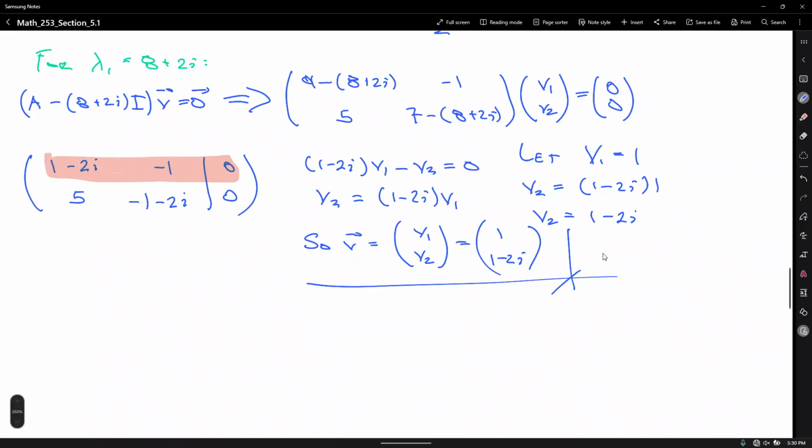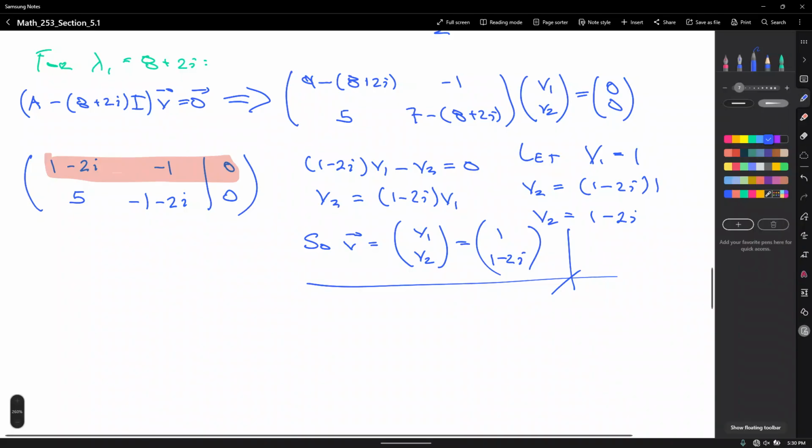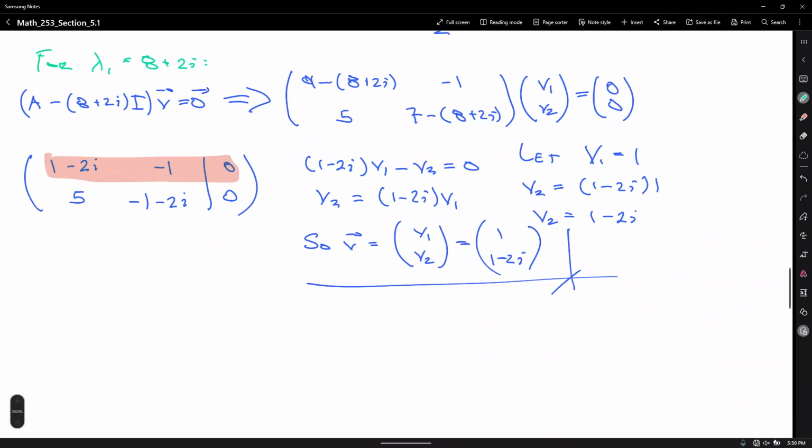You'll see. Okay, so we have the eigenvector for lambda 1 equals 8 plus 2i. How about we do the one for lambda 2, which is 8 minus 2i, rather. It doesn't matter which one is your lambda 1 and which one is your lambda 2, as long as you don't mix and match eigenvector with the eigenvalue.